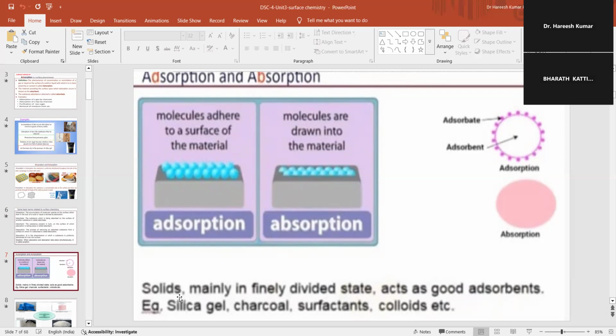Solids act as adsorbents mainly in a finely divided state. That means finely divided powder can act as a very good adsorbent. For example, silica gel, charcoal, surfactants, even colloids can act as an adsorbent.